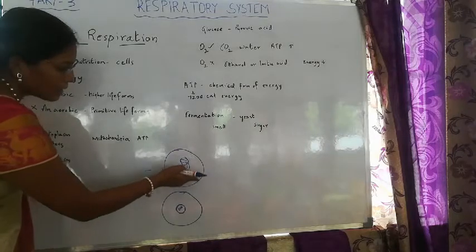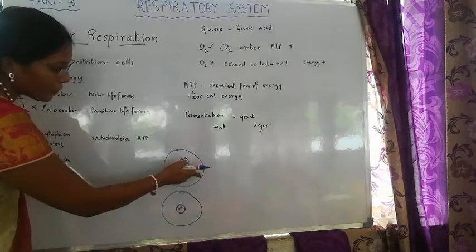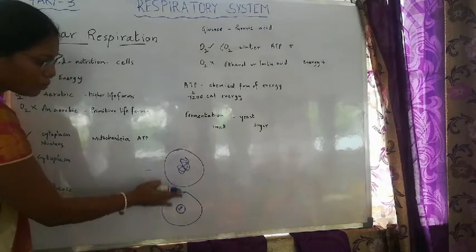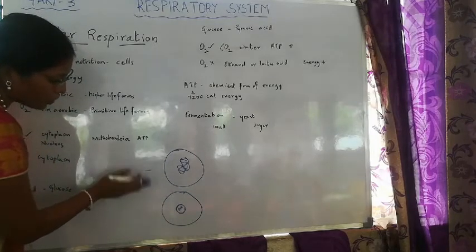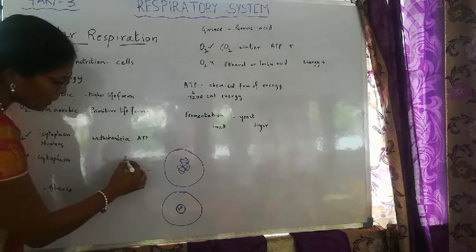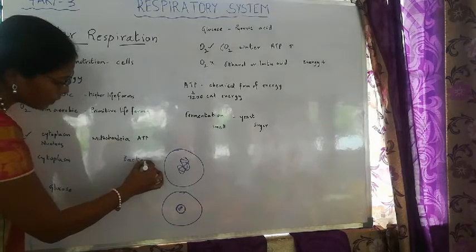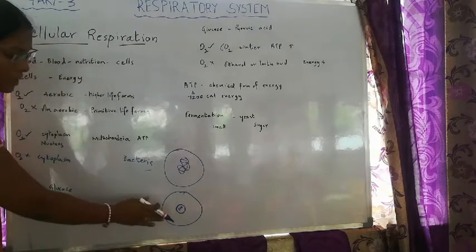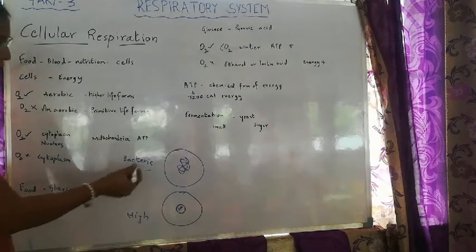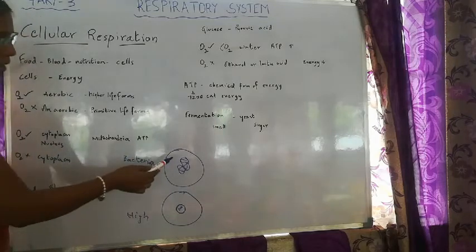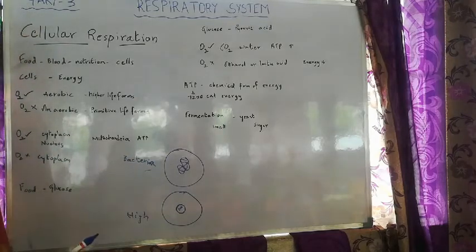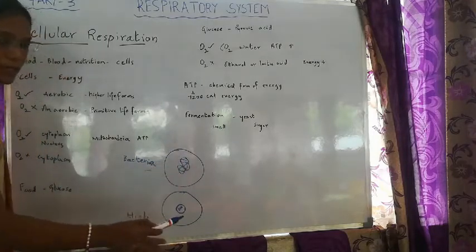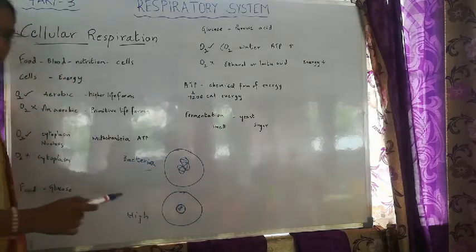Now, cell is surrounded by cytoplasm, and here also it is surrounded by cytoplasm. Cytoplasm is common in both these cells, that is cells of a bacteria as well as higher organisms. Higher organisms means plant cell, animal cell. But the basic difference is there is no separate nucleus here. Here there is a separate nucleus, okay?